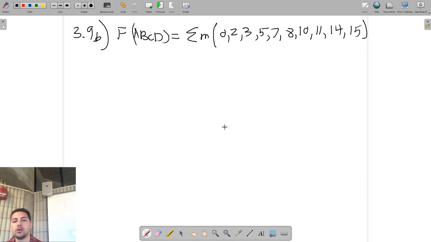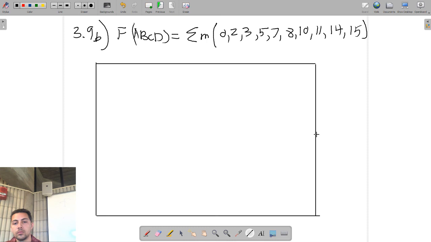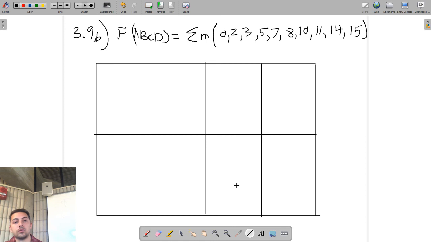Okay, well, here we go. We start off with a K-map. Being very nice straight lines here today.